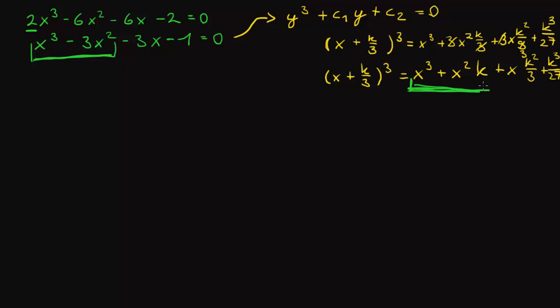So we can rewrite this whole equation here as being x to the third plus x squared times k is equal to x plus k over 3 to the third minus x times k squared over 3 minus k to the third over 27.